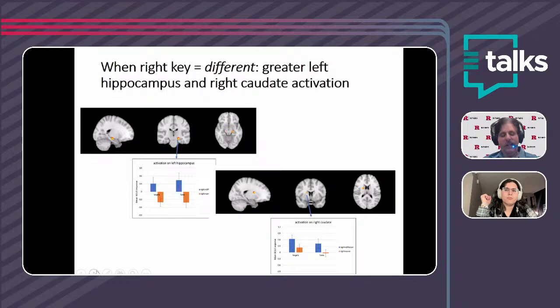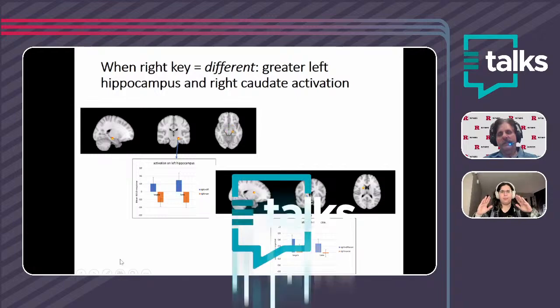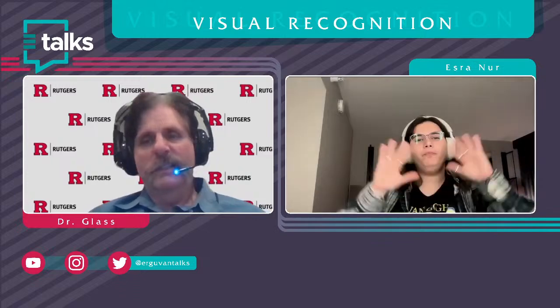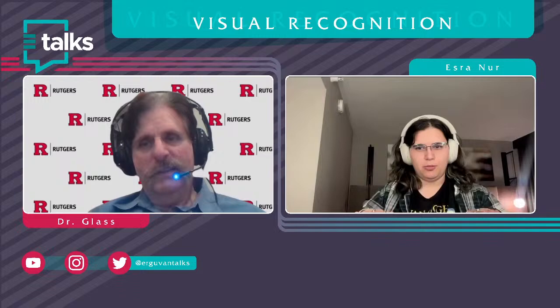Dr. Glass? Yes. Sorry, I just want to see if I got in my brain how this whole study went. So there's a monitor in front of me. I have two keys, right? This is my right, this is my left.